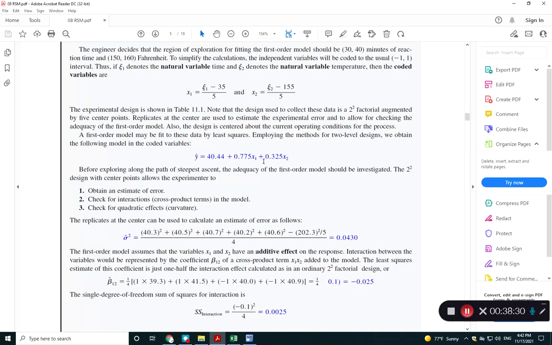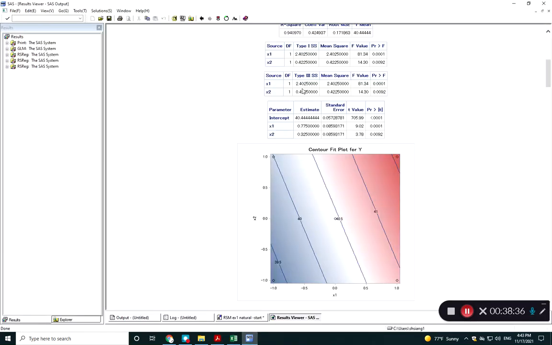And x2 will be 325. That's the regression coefficient, my beta 2. Similarly, SAS will tell you, here is your estimate. From the center point, moving this much will improve your x1, moving this much will improve your x2. That is the direction for your response surface.